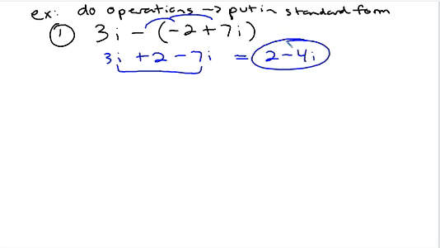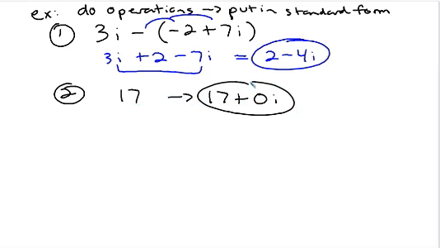And that is in standard form. Now, they could get tricky, and they could give you just the number 17 randomly, and say write it in standard form. Well, that would be 17 plus 0i. There's no imaginary part, so we just make it 0i.